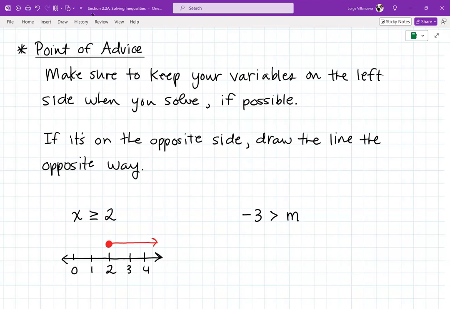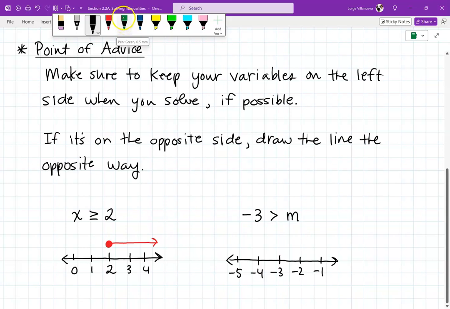Okay? So in that case, let me go ahead and draw a number line. Again, it's not like you make it much more difficult, but it does look a little weird, but that's okay. So I'm just going to make a real quick number line there. So -5, -4, -3, -2, -1.